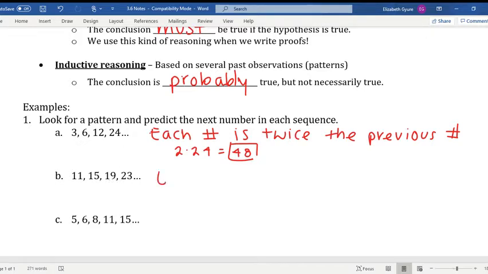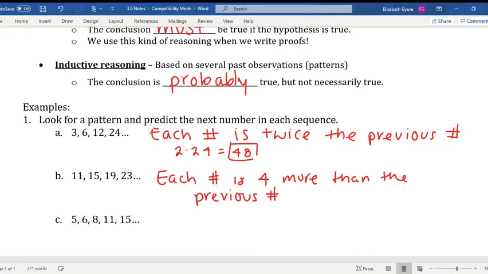So our pattern is that each number is 4 more than the previous number. So if we need to go up 4 again, 23 plus 4 means our next number would have to be 27 based on our pattern.